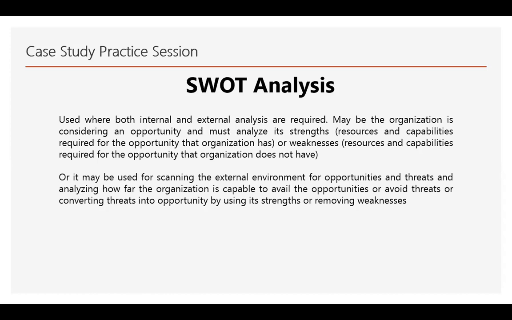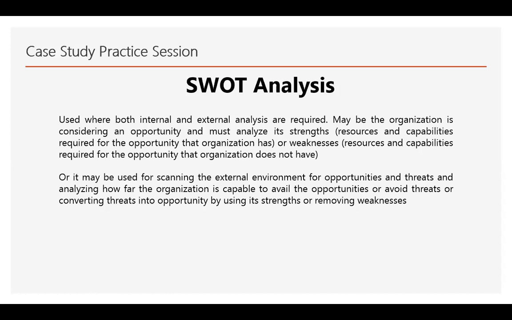So, for example, if any organization has to geographically expand, the biggest strength that will be required for geographical expansion will be the strength of its internal controls. So you have to discuss how good the organization is when it comes to internal controls, because internal controls will be a must for that geographical expansion.